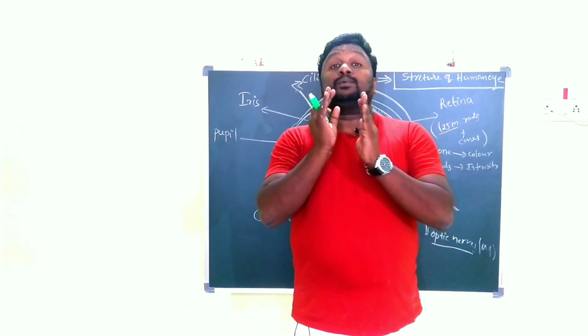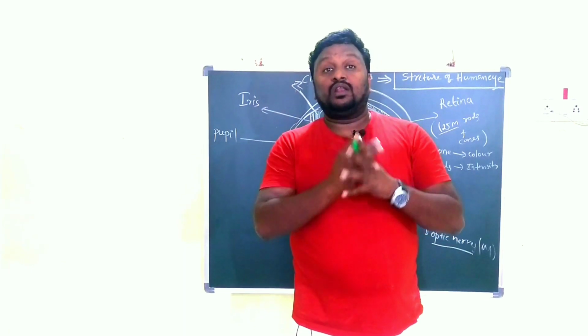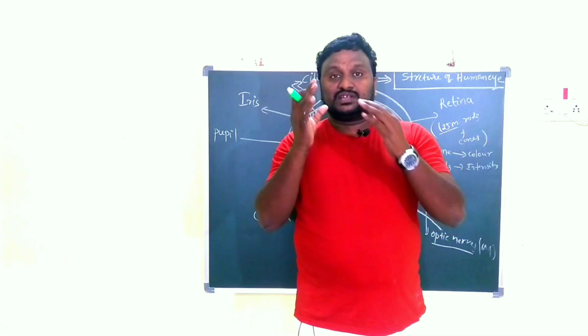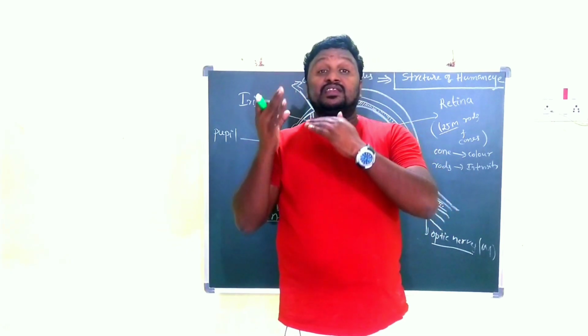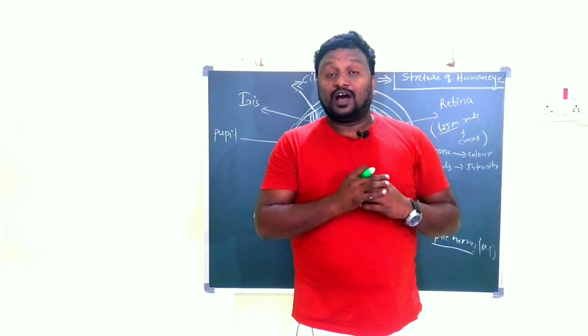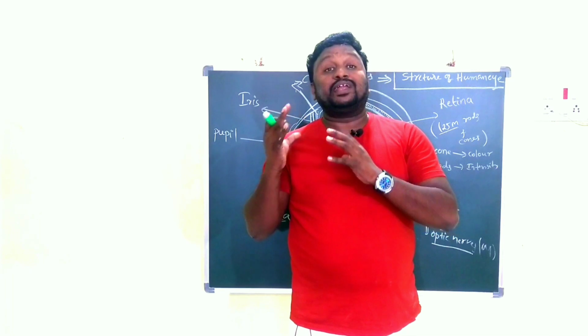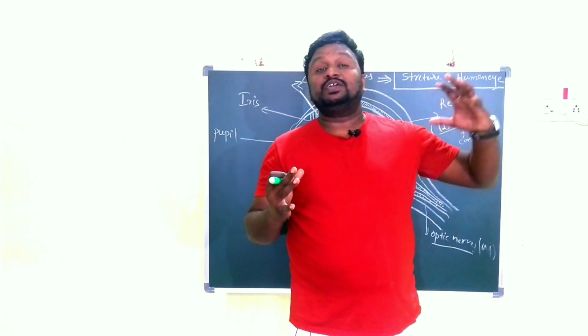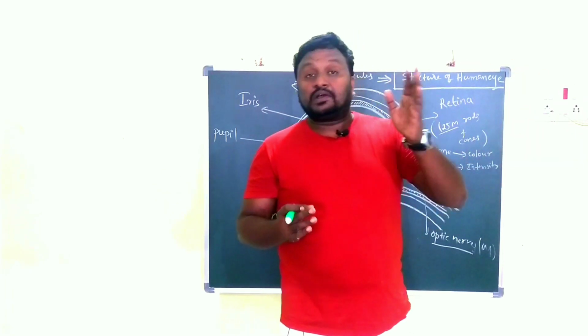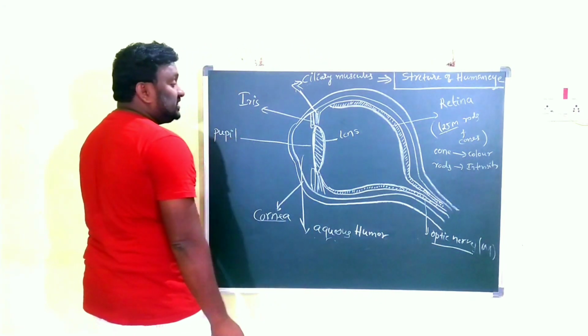That is very protective. The cornea acts as the front wall warrior. That means the cornea protects the inner parts of the eye. Clear? The cornea is a small membrane that protects the inner parts of the eye. Behind the cornea what do we have? Aqueous humor. What's that?